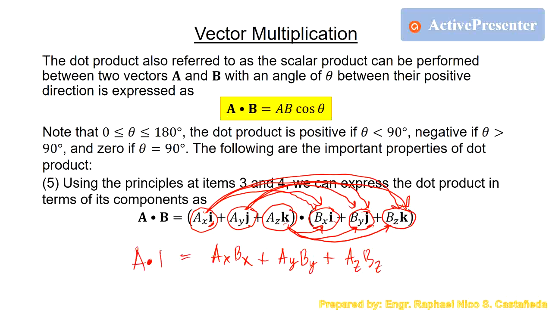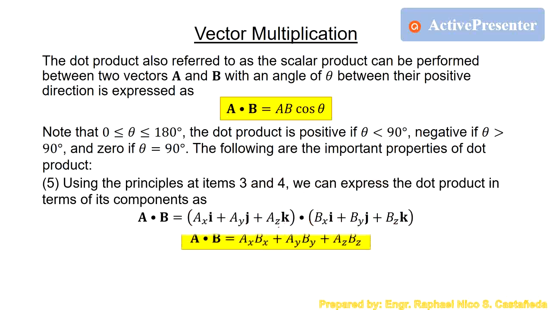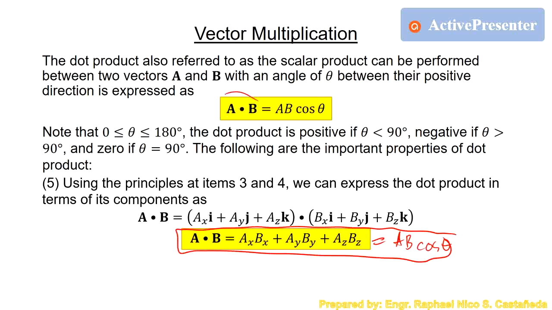So this one right here is the representation of the dot product in terms of the rectangular components. So the formula will look like this. This is equal to AB cosine theta, if we substitute this one to this one.